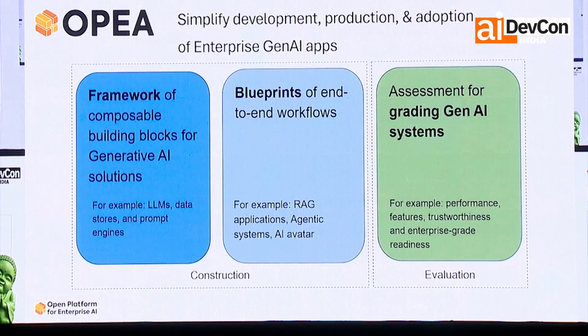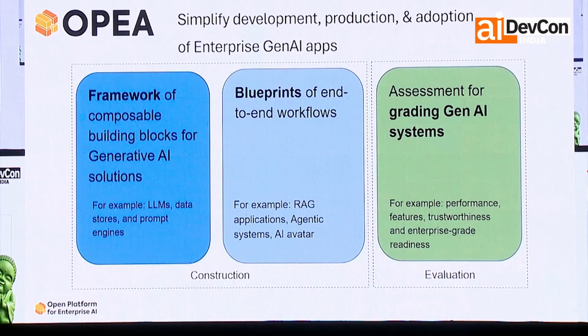Alright, what is the second thing here? The blueprints. The blueprints of end-to-end workflows, which is again part of the construction phase, is to be discussed. What is this? These are pre-designed workflows that demonstrate how to implement specific GenAI use cases. What are the examples here that I can pick? The RAG applications, the retrieval augmented generation workflows that combine data retrieval and generation, are all included.